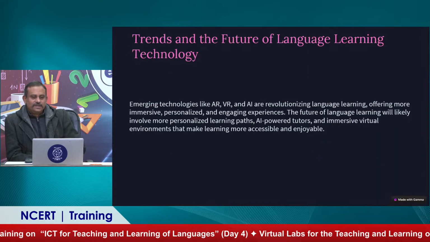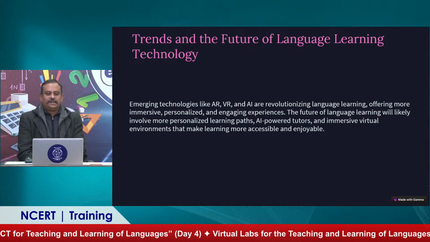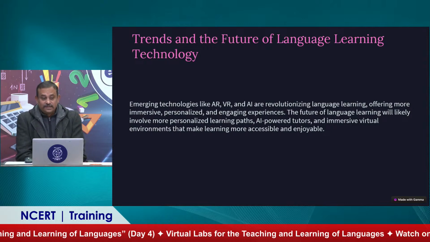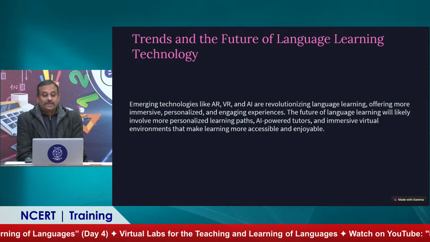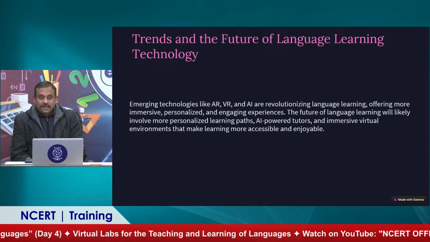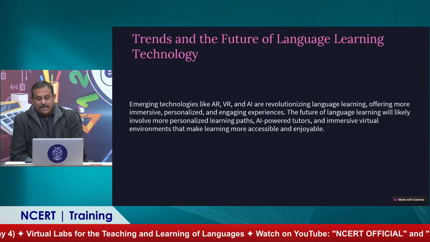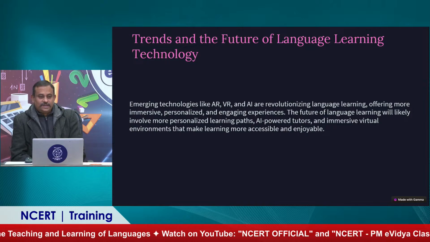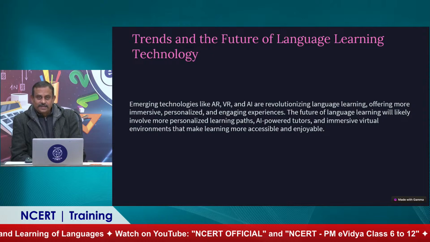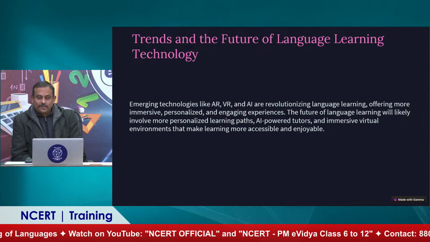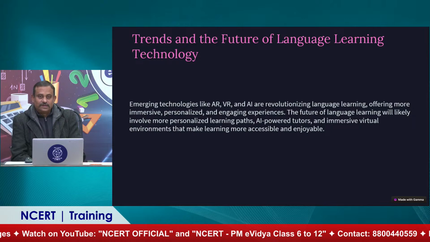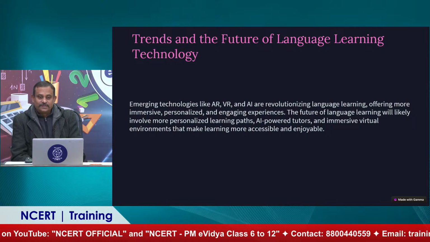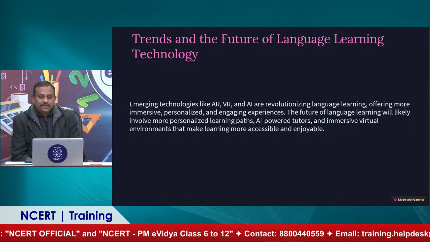So emerging technologies like AR, VR, AI are revolutionizing learning, and learning now is much more immersive and personalized. There's instant feedback and engagement with gamification. So there'll be more personalization as AI gets more data, more feed, as it grows wiser, more learned.